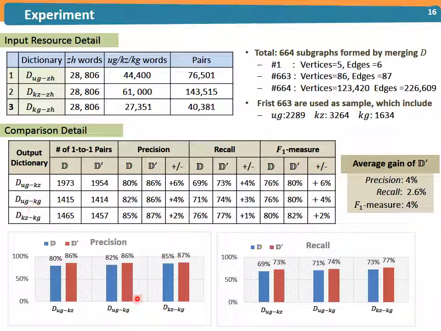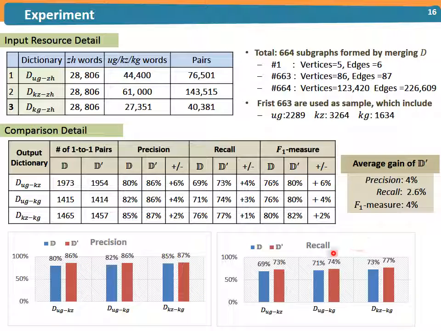And here are the evaluation results, from which we can see that for the Uyghur-Kazakh dictionary, we got 80% precision when 2 input dictionaries are used, and 86% precision when 3 input dictionaries are used. It is the same for the Uyghur-Kyrgyz and Kazakh-Kyrgyz dictionaries, although their precision is somewhat different from the Uyghur-Kazakh dictionary.